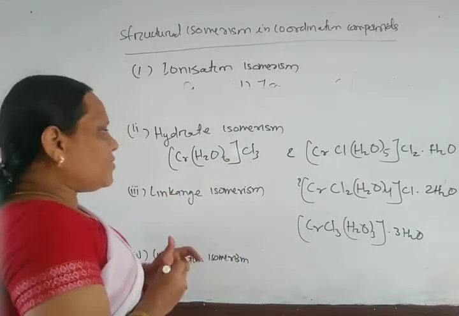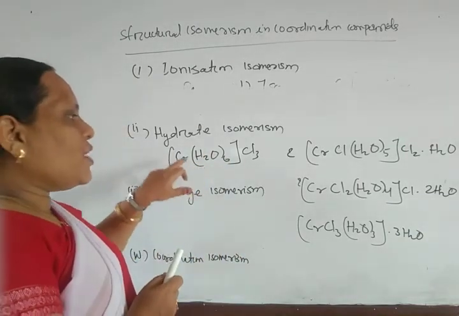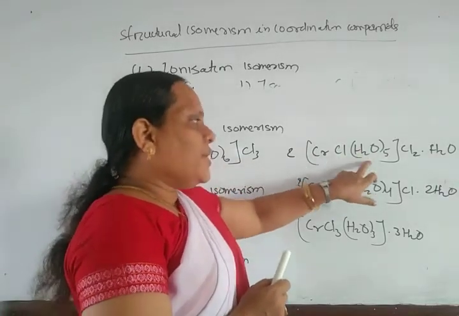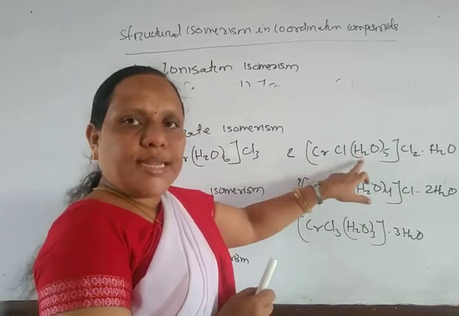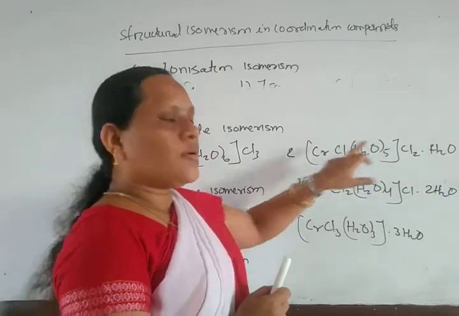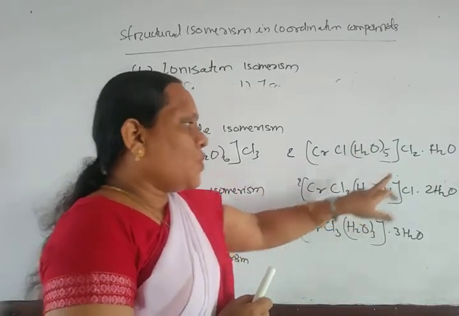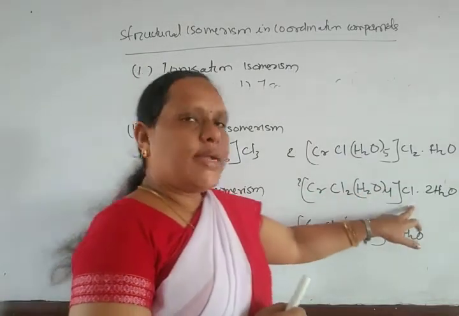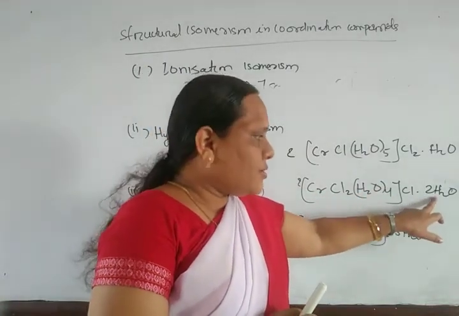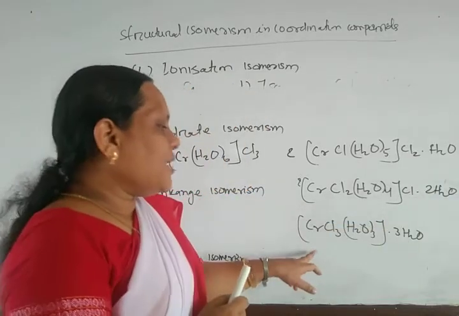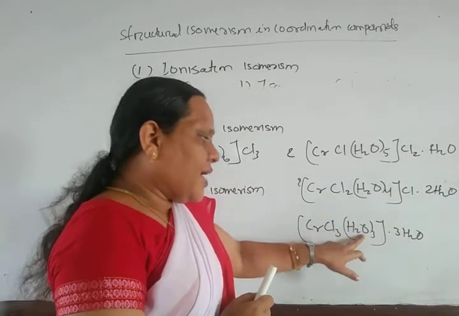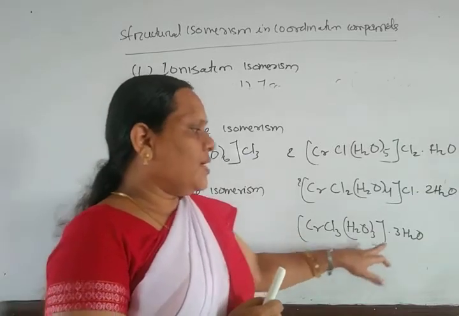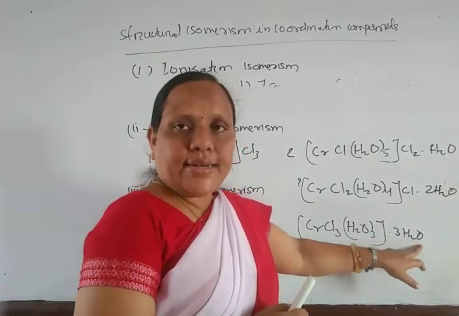With the same molecular formula: hexaaquachromium(III) chloride, and pentaaquachloridochromium(III) chloride monohydrate, and tetraaquadichloridochromium(III) chloride dihydrate. Similarly, triaquatrichloridochromium(III) trihydrate.